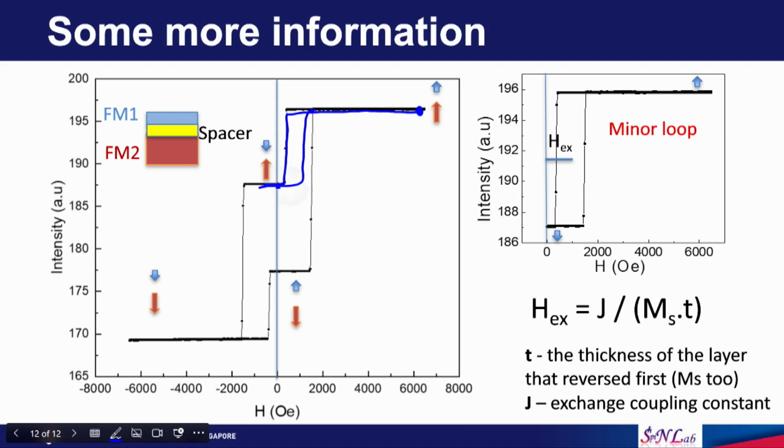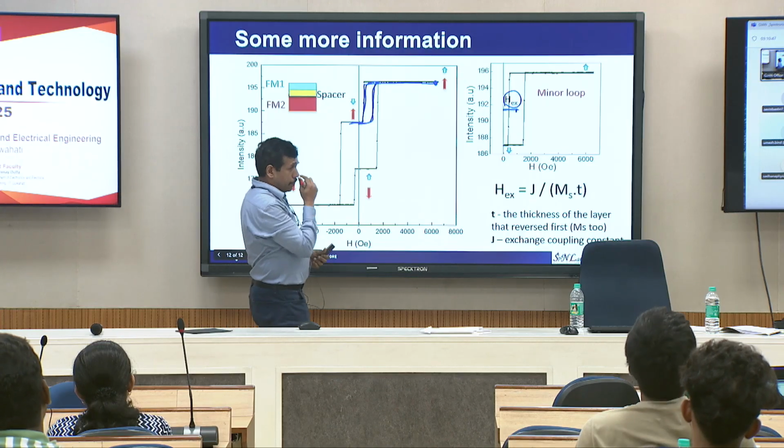This loop is called a minor loop. Here you see the minor loop. The center of this minor loop has shifted from 0 field by a certain magnetic field, and this is what we call the exchange field.